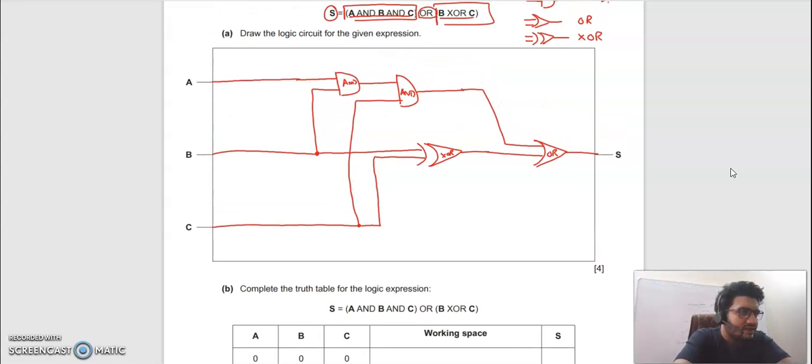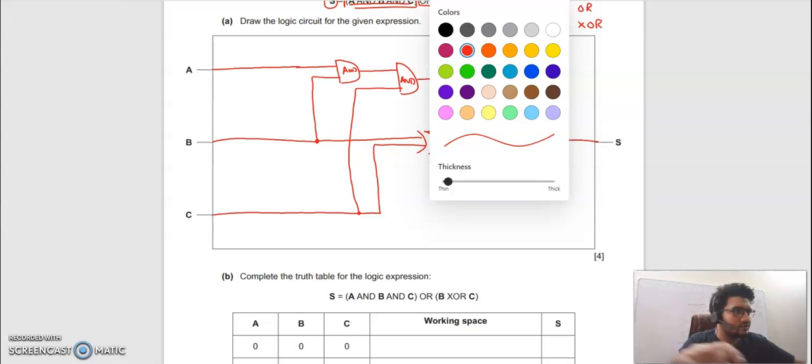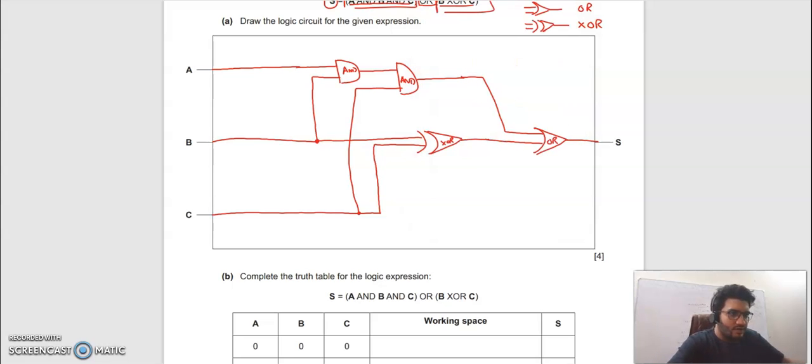But the only little trick that you've got to keep in your mind, and that is why they also give you this working space, is that at every output from a gate, assign a point. When I say assign a point, I mean that we'll actually create a column, and that is what I'll do using my working space.